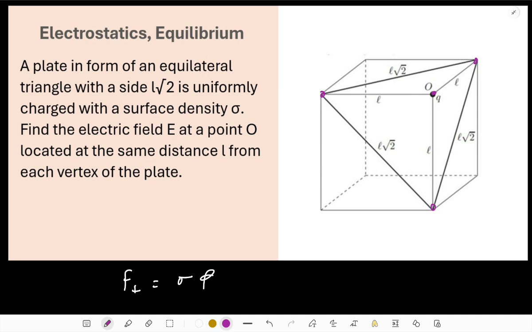I'm going to find the electric field at this point. And since here is a point, here is a test charge Q, the force F acting on this test charge due to the plate, we need to find out.